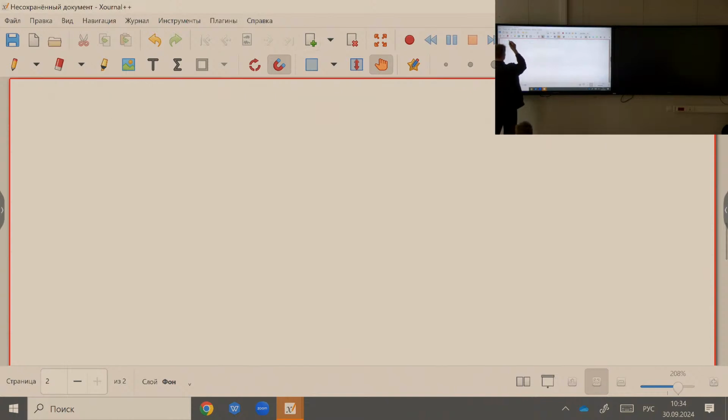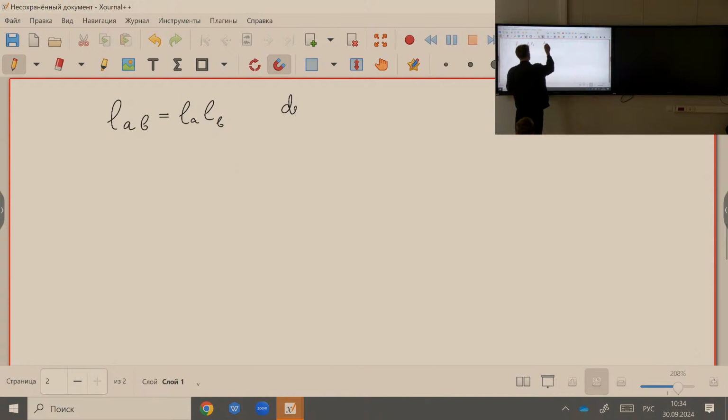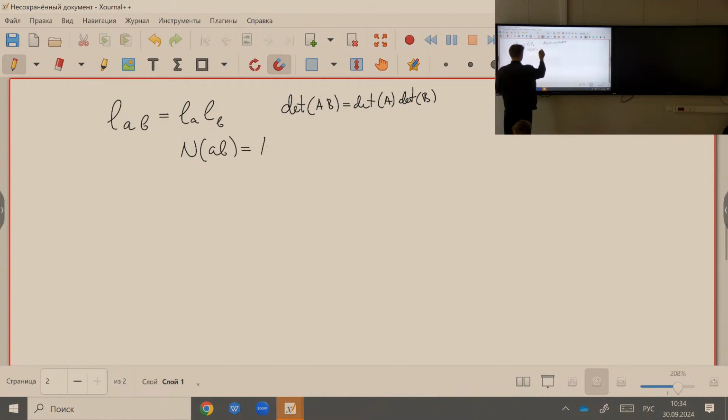Since you have L of AB equal to L of A times L of B, and determinant is multiplicative, so determinant of AB is equal to determinant of A times determinant of B. So you see that norm is a multiplicative thing.